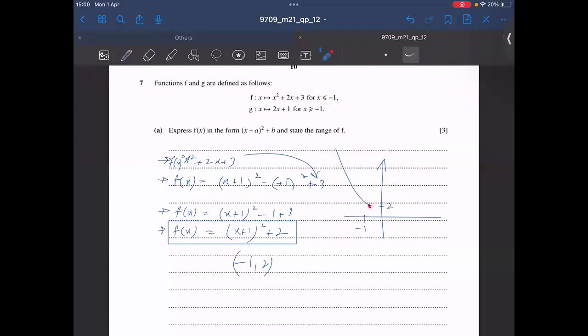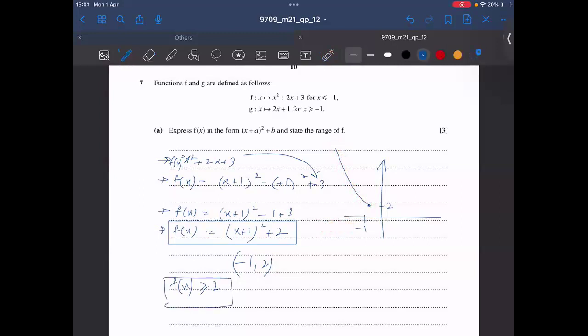Now, just by looking at this curve, can you tell me, Mr. Imad Ahmed, what would be the range of f? Y greater than or equal to 2. F of x is greater than or equal to 2. You can see that for values of x less than or equal to minus 1, you have all the values of y that are greater than or equal to 2. Is it clear or not, Ms. Iman?